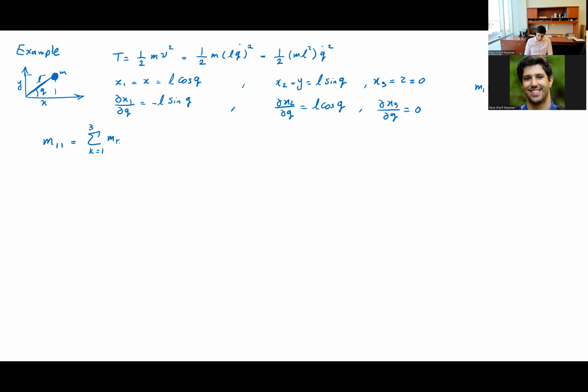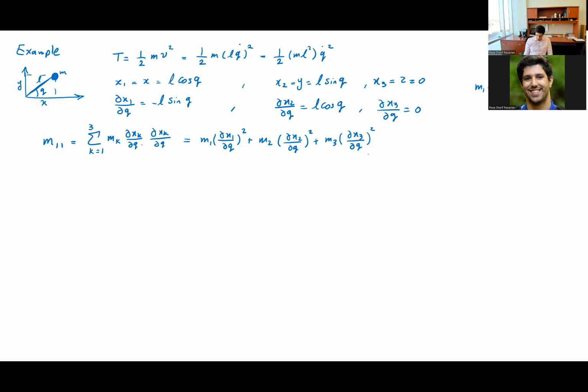Let's spread out the summation: m1 partial x1 partial q squared, plus m2 partial x2 partial q squared, plus m3 partial x3 partial q squared.